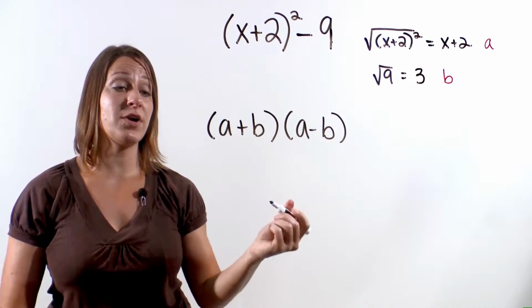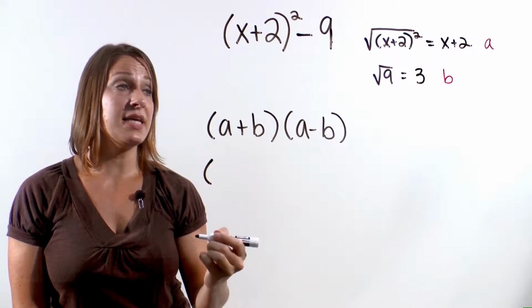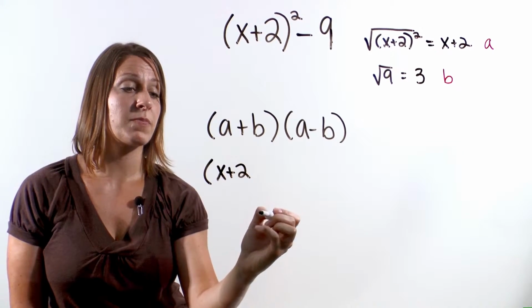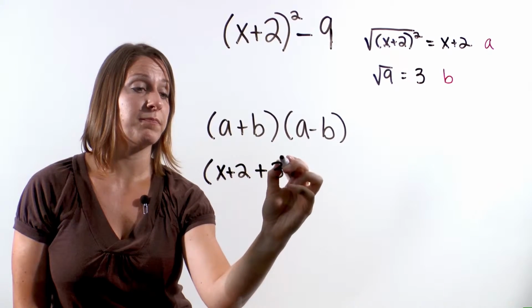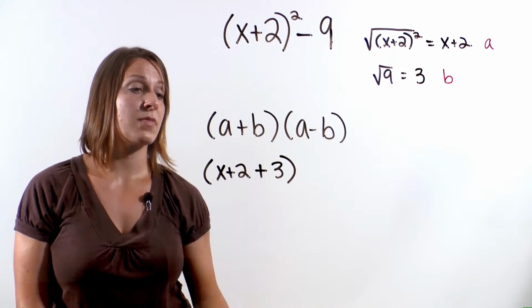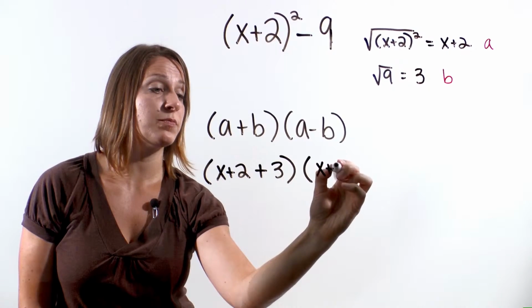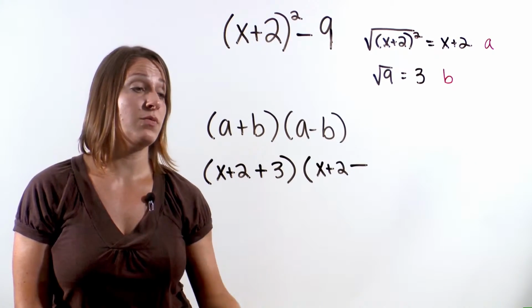So let's figure out what our final answer will be. A is x plus 2 plus b, which is 3. Over here, A is x plus 2 minus b, which is 3.